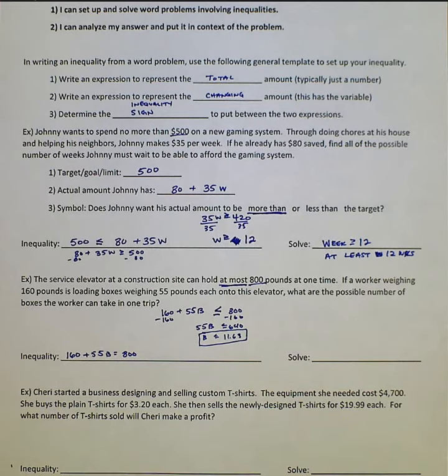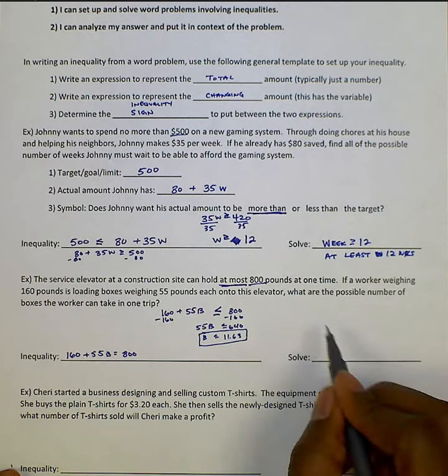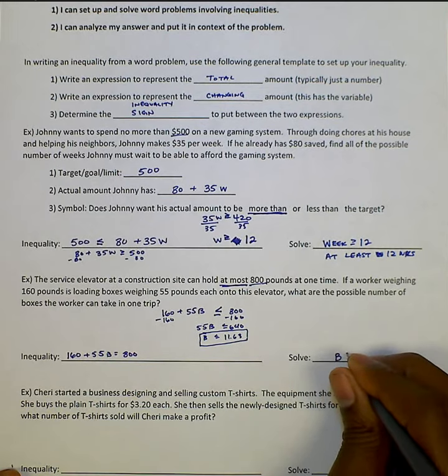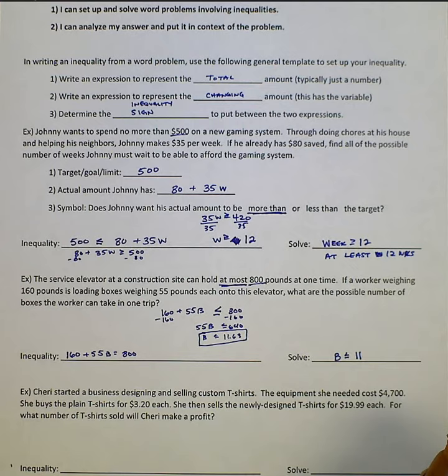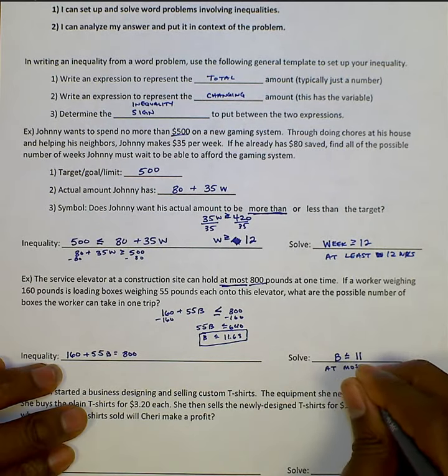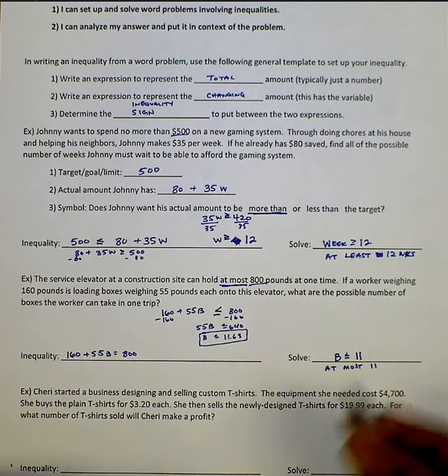It's going to make more of a mess. So what's the possible numbers in this situation? Well, b will be less than or equal to 11. That's how many boxes you can take. At most 11 boxes.